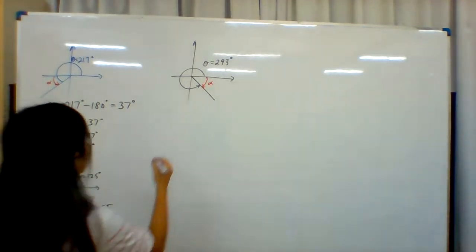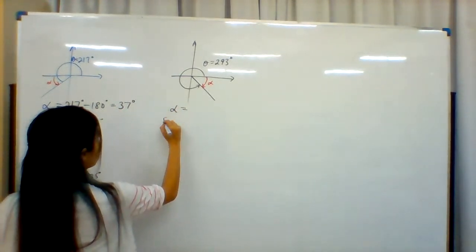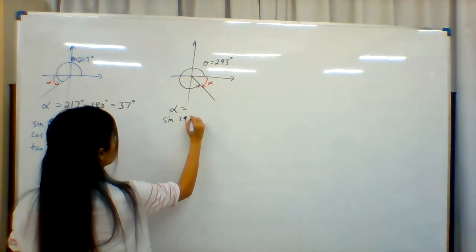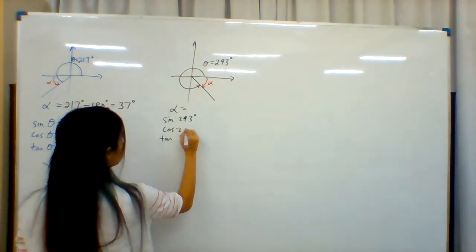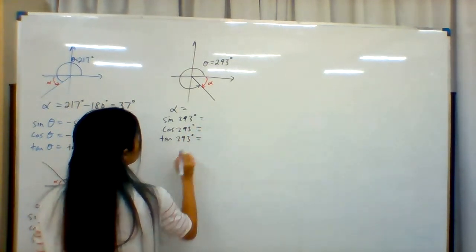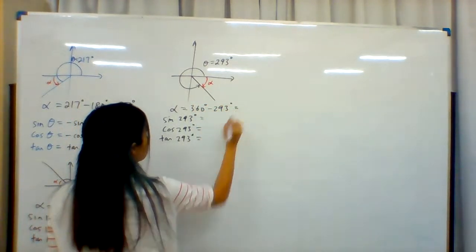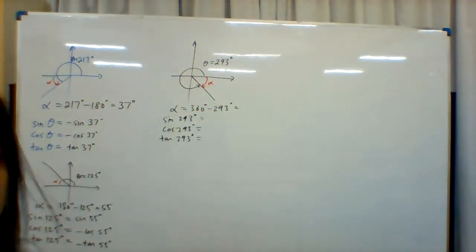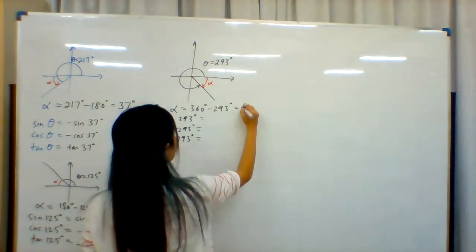I want you to find for me what is your basic angle, then your sine, cos, tangent. Okay, so basic angle 67.